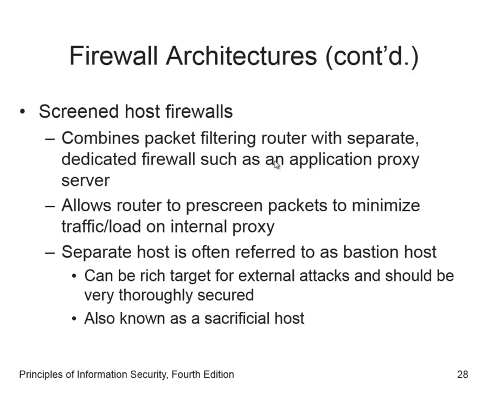This separate host is often referred to as the bastion host or sacrificial host. It can be a rich target for external attacks and should be very thoroughly secured. You are sacrificing that host because it's the one that will be connected to the external or untrusted networks.